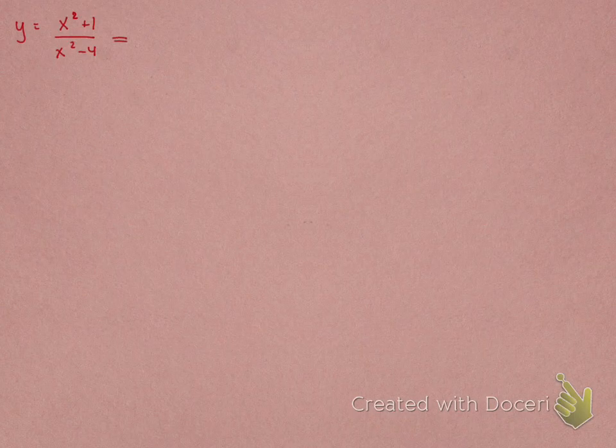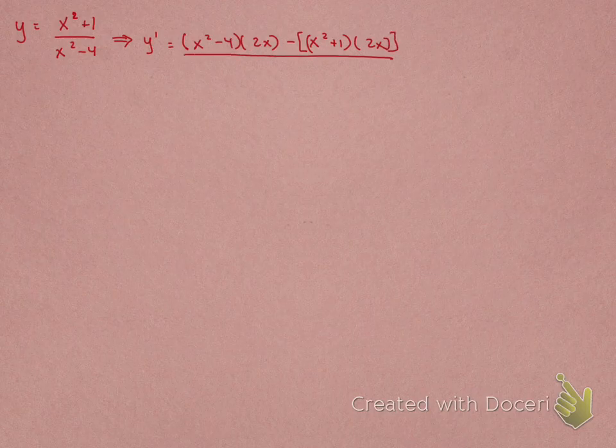So finding the first derivative, we use the quotient rule, which is x squared minus 4 times the derivative of the numerator minus the numerator times the derivative of the denominator all over the denominator squared. Doing some simplification here, we have 2x cubed minus 8x.